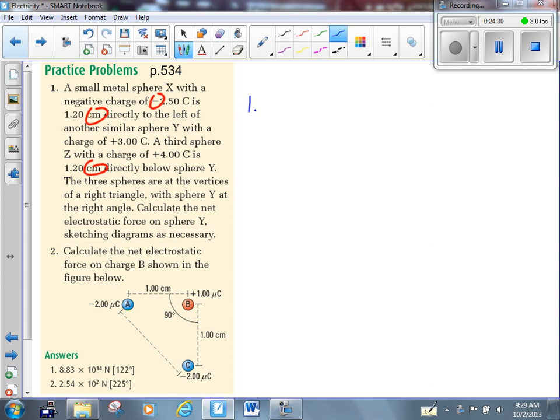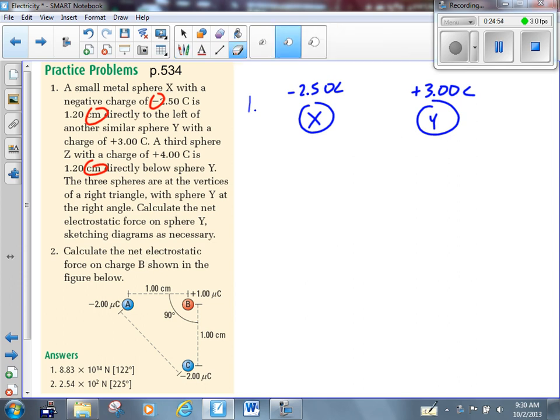All right, so this is going to be X. This is going to be negative 2.5 coulombs. And it's to the left of sphere Y, which has a charge of 3 coulombs. But it's 1.2 centimeters, or 0.0120 meters. Doesn't really matter how I label it.